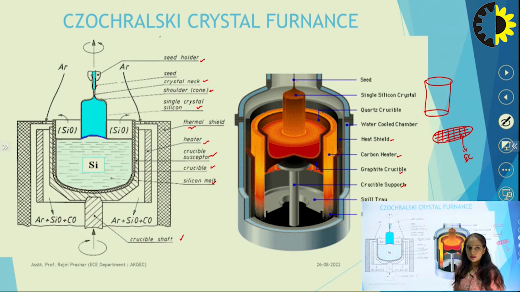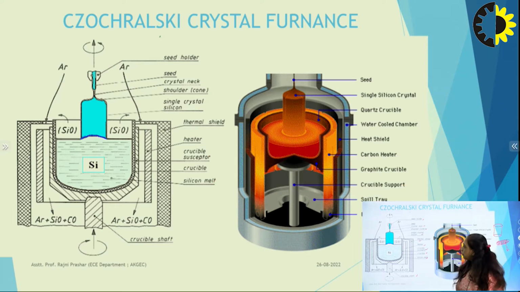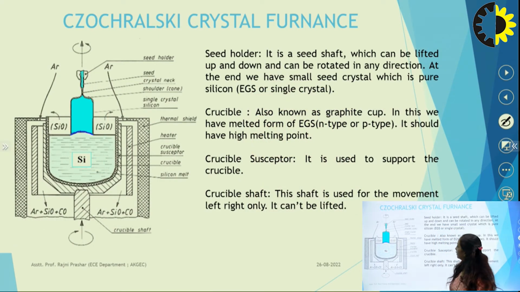Now let us get to know about each part of this silicon furnace. The first one is the seed holder. This seed holder shaft is used to hold the seed. Your silicon seed will be connected to this shaft, which can be lifted up and down, and it can be rotated simultaneously.